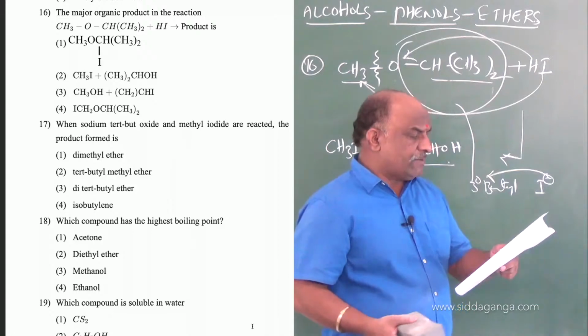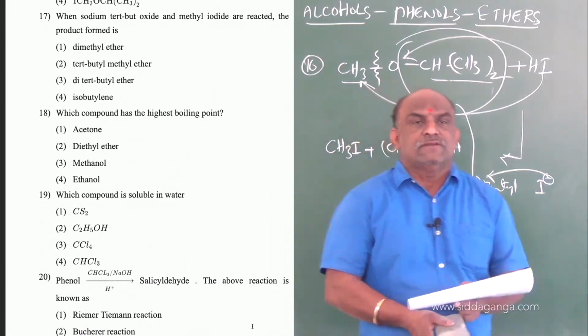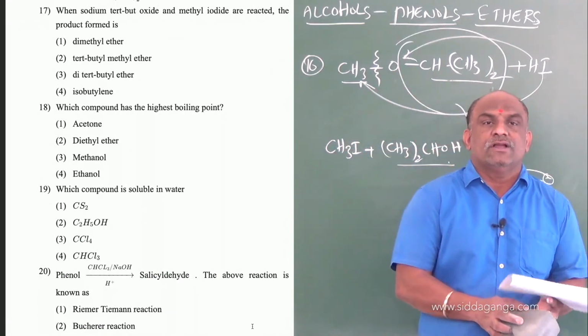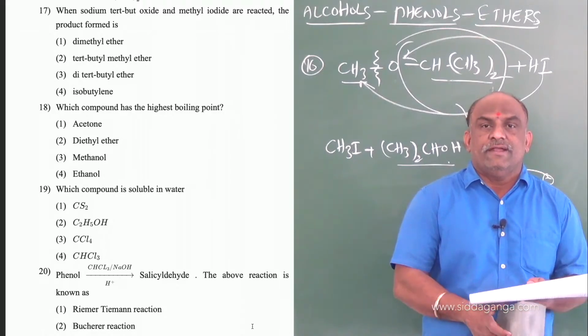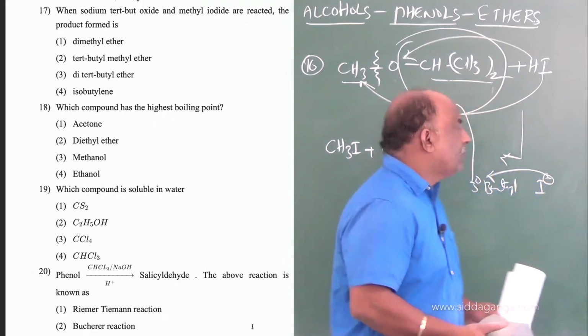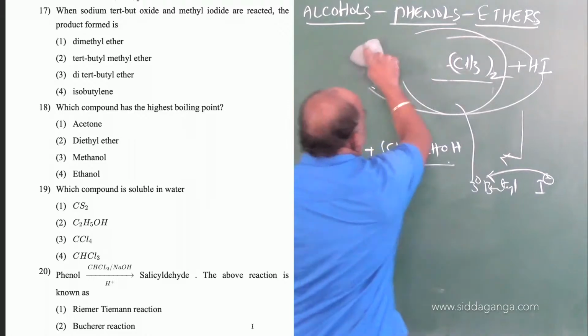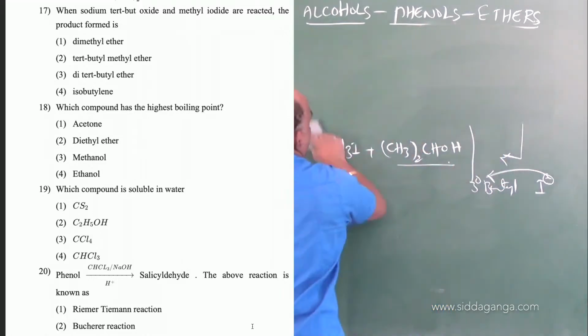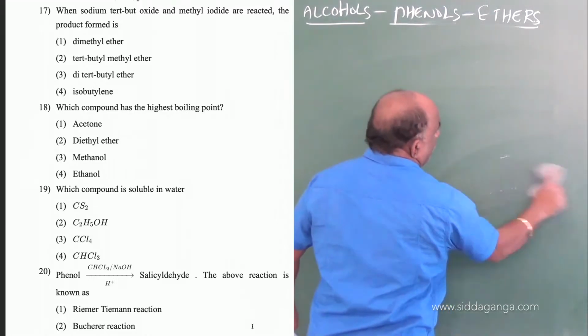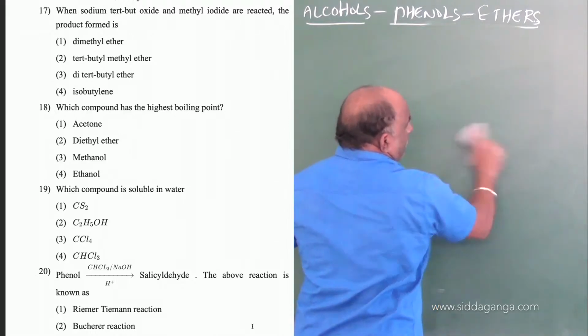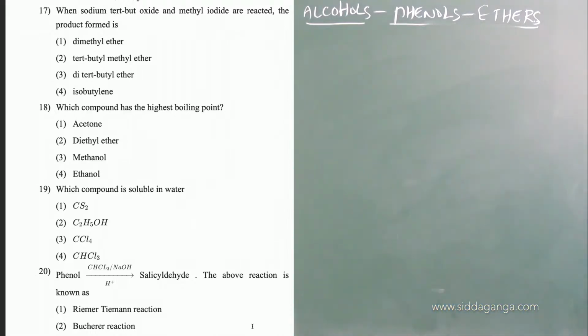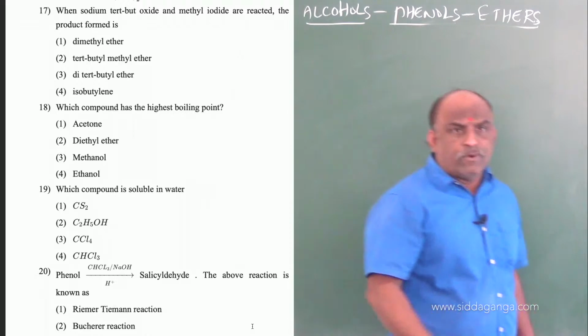Now going to question number 17: when sodium tertiary butoxide and methyl iodide are reacted, the product formed is. So first we have to write the structure of the compounds.